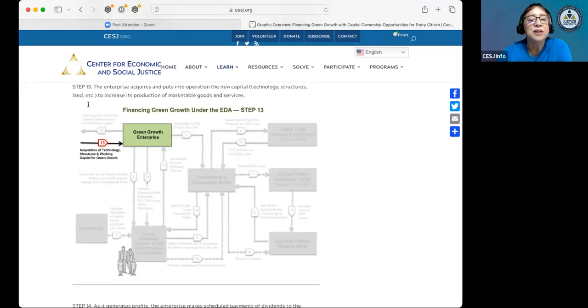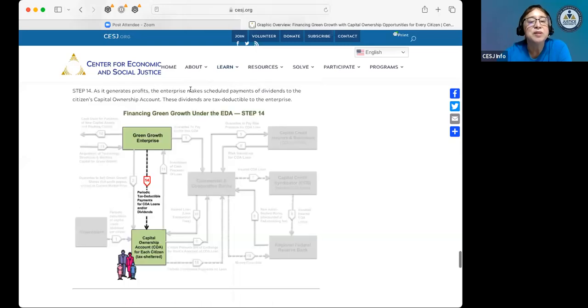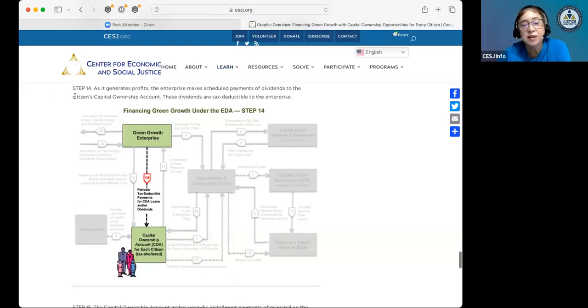And then as it's acquired all the capital and puts it into operation, this is the acquisition, it's going to then sell its new goods and services out in the market and generate new profits. And as it generates the profits, this is step 14.